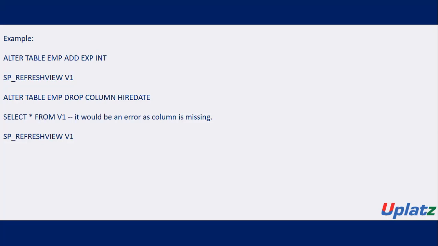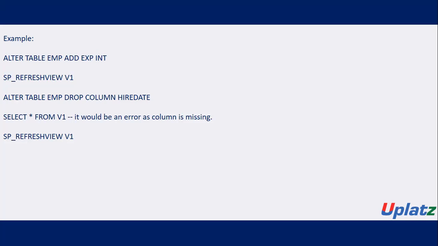And we have to remember that when we created the view v1, we are fetching all the columns, we are using all the columns of the table employee. Because of that, we are able to see the newly added column in the v1. We are not using any particular columns from the table employee.